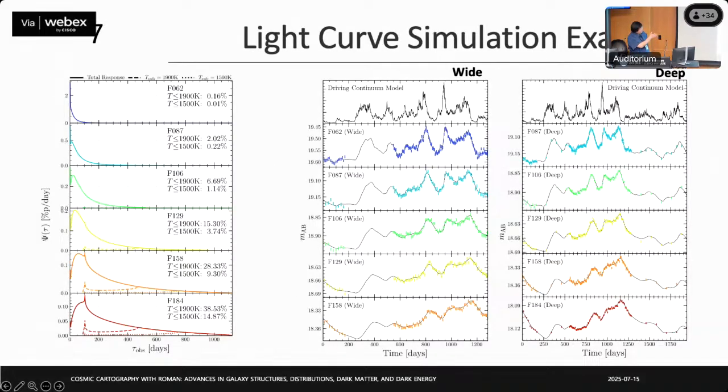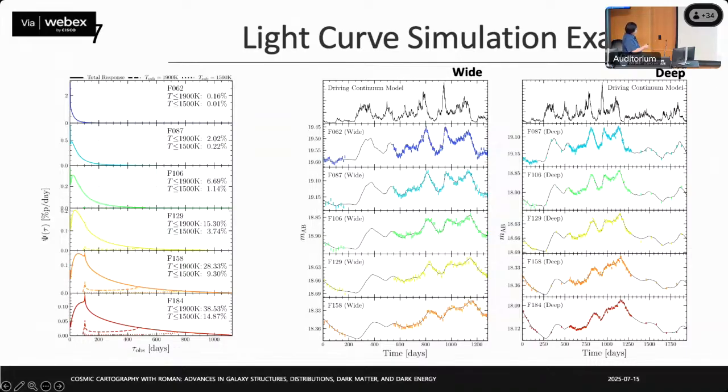This is an example of the simulated light curves. On the left, we have the so-called transfer function of AGN light for each band, which is just a convolution kernel applied to the driving light curves, which we think come from the X-ray or very high energy bands.